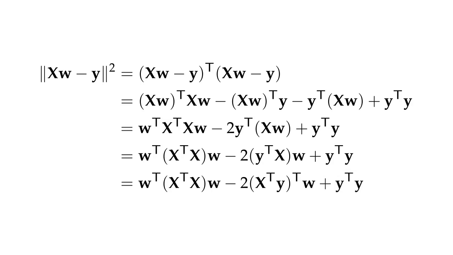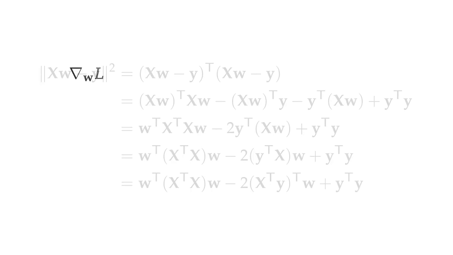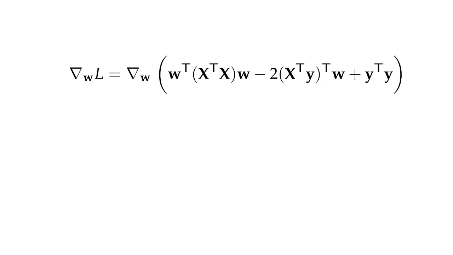At first sight, it doesn't seem particularly more tractable, or certainly any simpler than the original form, but now we come to take the derivative. So the gradient of the loss with respect to w is the gradient of this whole expression. Let's look at this first term.